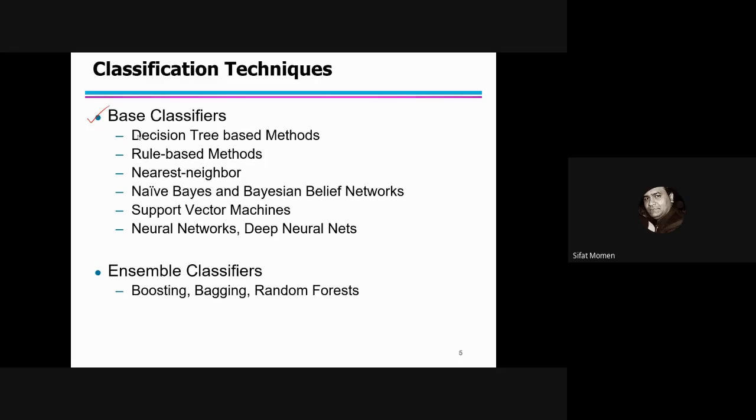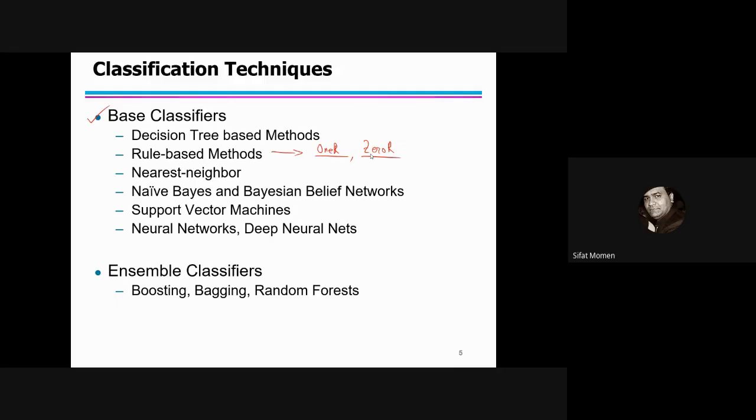In the next few classes, we will be talking about the decision tree classifier, which will do the classification task. Then there are rule-based classifiers, and you've seen some. What rule-based classifier did you see? 0R and 1R. Yes, 1R and 0R are rule-based classifiers, and we have seen them.